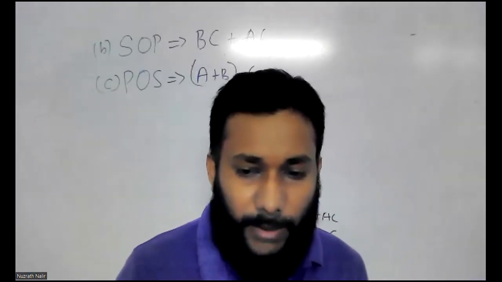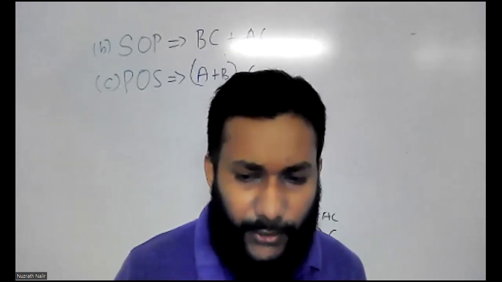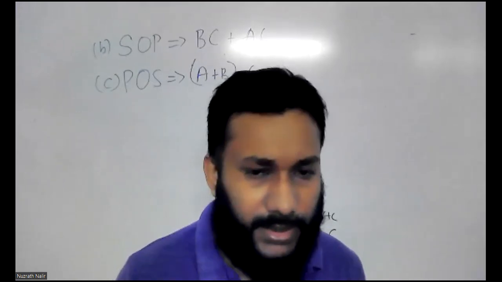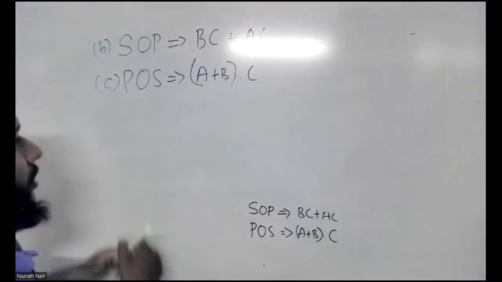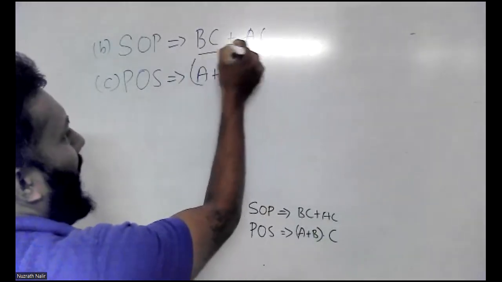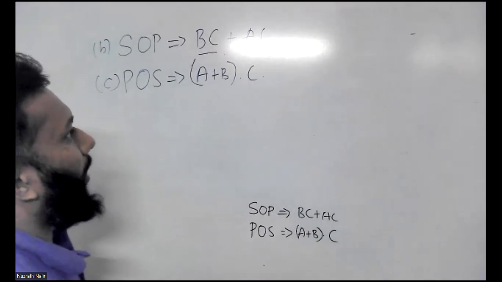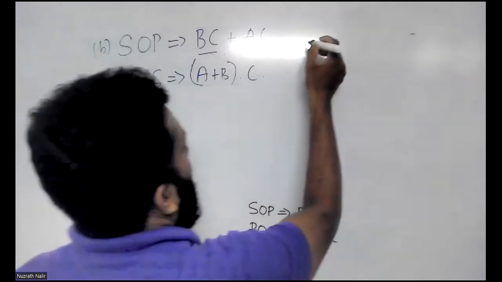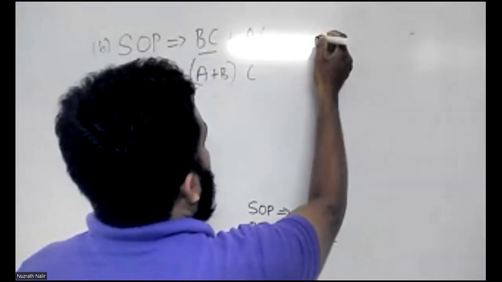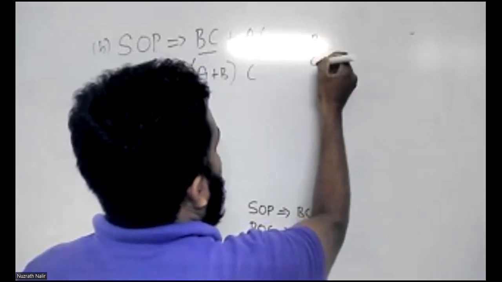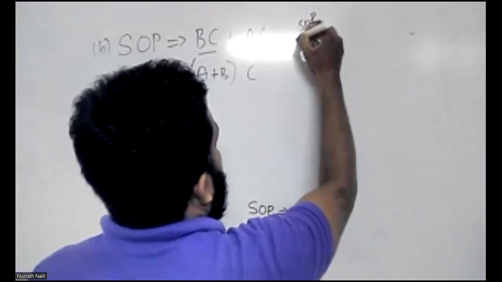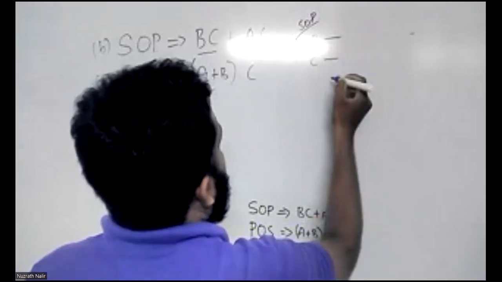Okay, my dear students, before I argue with this justifying things, you just look at that one. Here you have a BC is there. Let's see when you apply the BC. Here B is there, C is there. Okay, B is there, C is there.